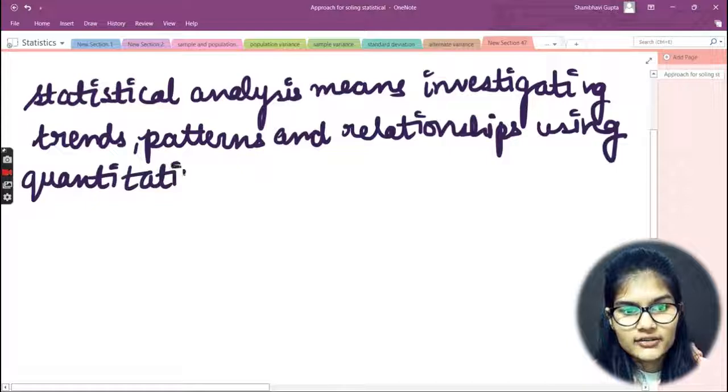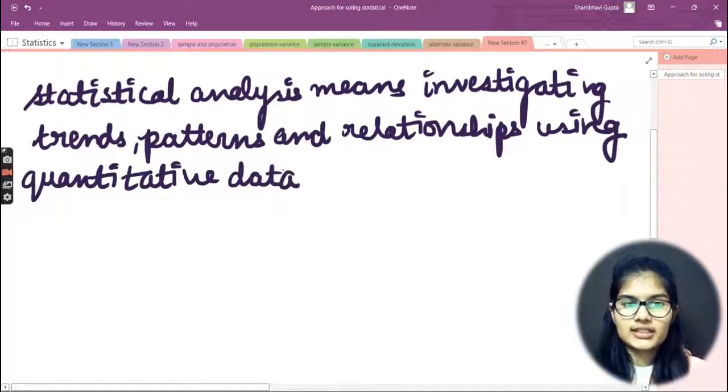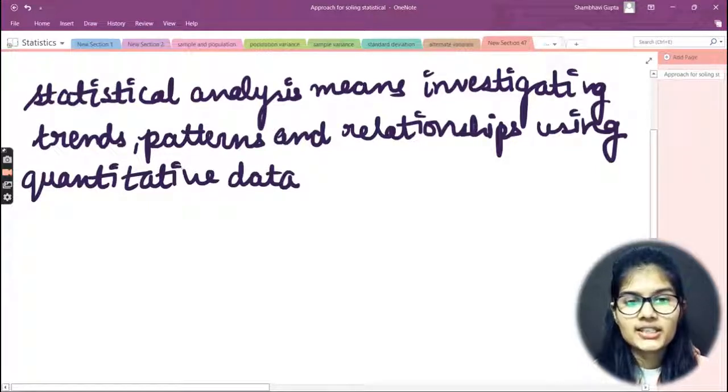This is what is meant by statistical analysis.